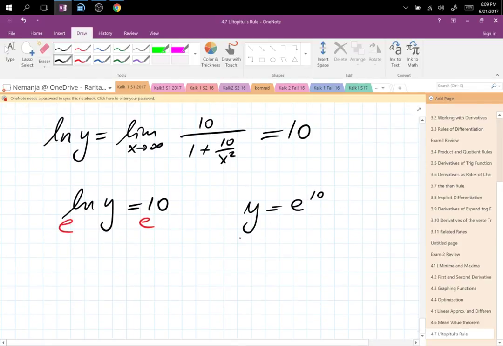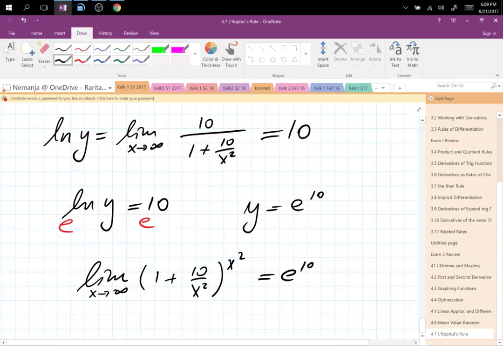But this was the problem. So limit as x goes to infinity of 1 plus 10 over x squared raised to the x squared is equal to e to the 10. Done.